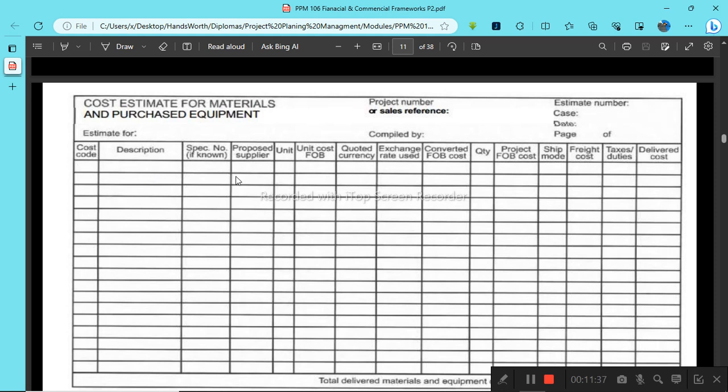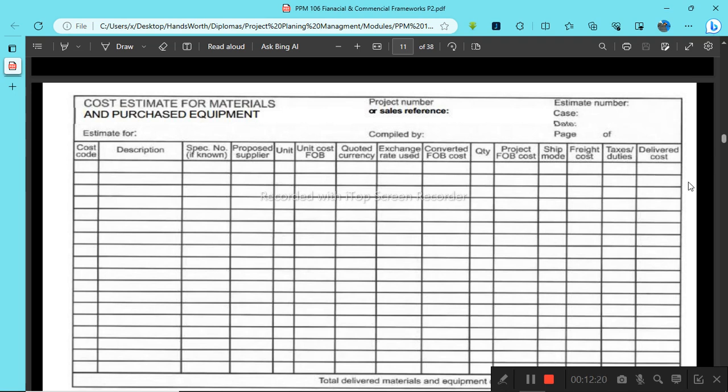Then the proposed supplier, the person you intend to buy from, should be indicated, and then the number of units you intend to buy, the cost per unit, and the currency you'll be using to purchase in. You also look at the exchange rate, converted unit costs, quantity, which is simply the amount, project unit costs, ship mode, foreign freight costs, taxes and duties, and then also delivered costs.